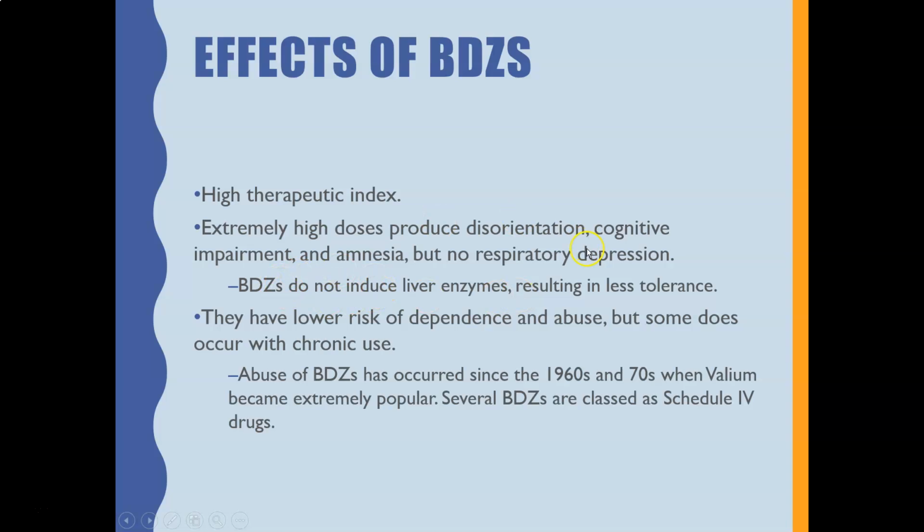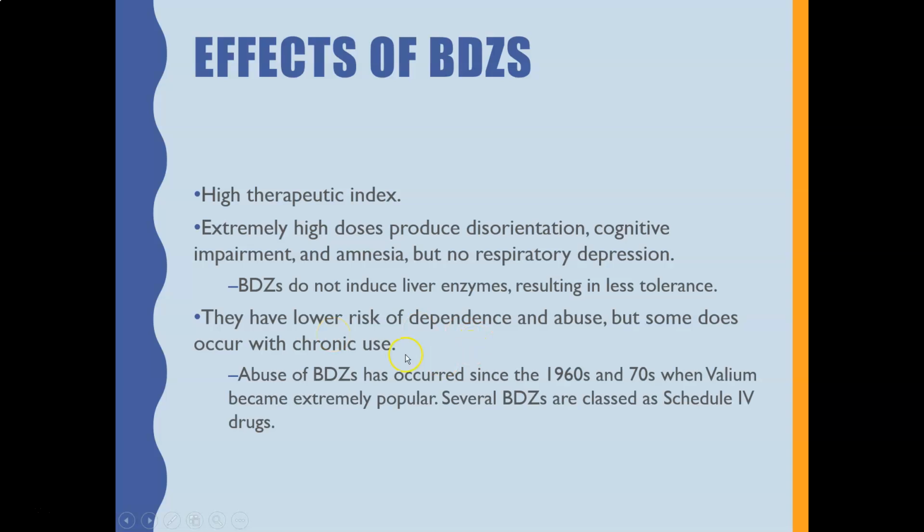Part of the reason that we see this is that benzodiazepines don't really induce liver enzymes. So the more quickly that liver enzymes break down a drug, the greater tolerance that develops. Because these don't enhance liver enzymes, less tolerance will develop.